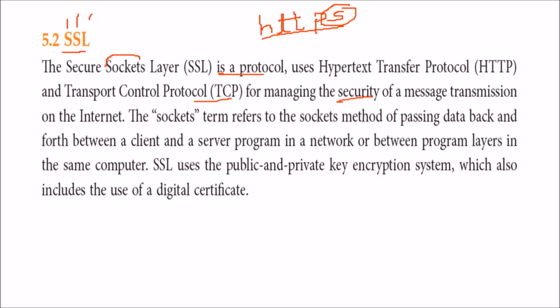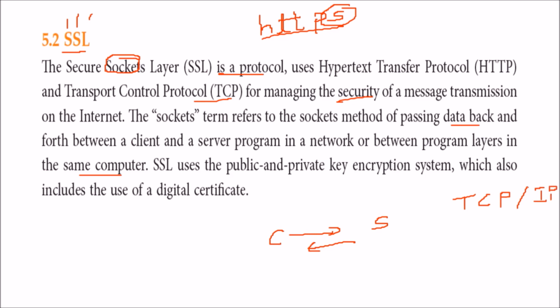So what is socket here? This refers to the socket method of passing data back and forth between a client and a server in a network, or between program layers in the same computer. On the network or internet, the layering system is governed by TCP/IP.